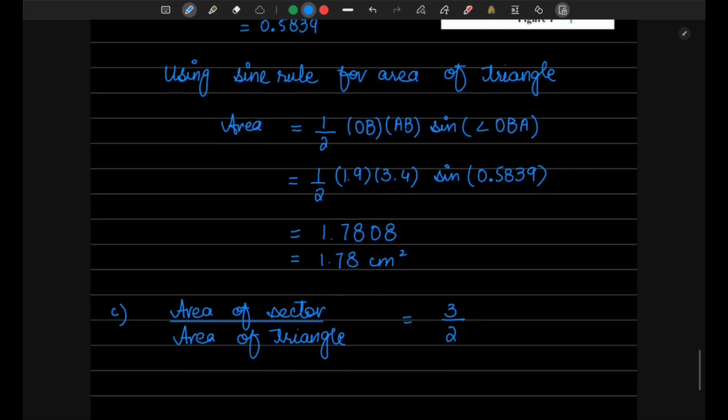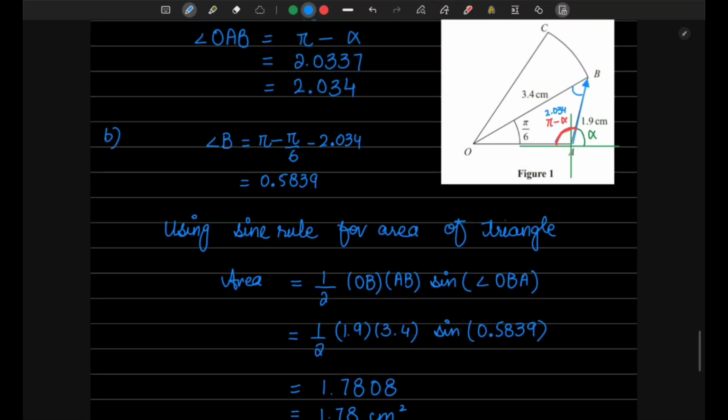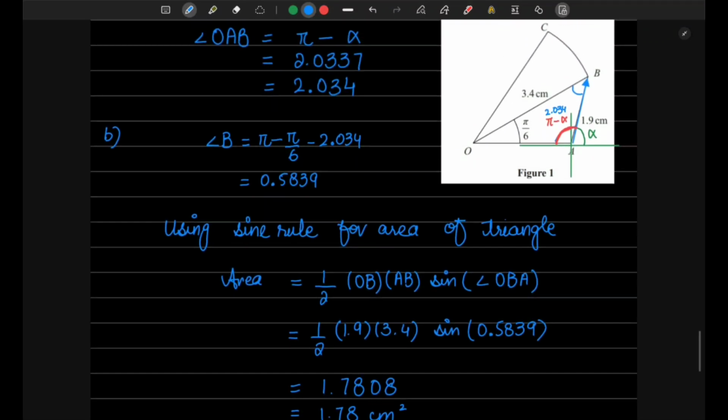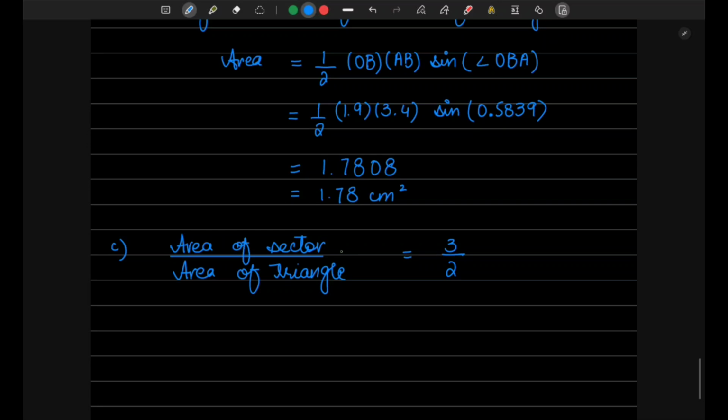If you want, you can write the names OCB and OAB. The formula for area of sector is half r square theta. Area of triangle OAB we already found to be 1.78. So this is equal to 3/2.